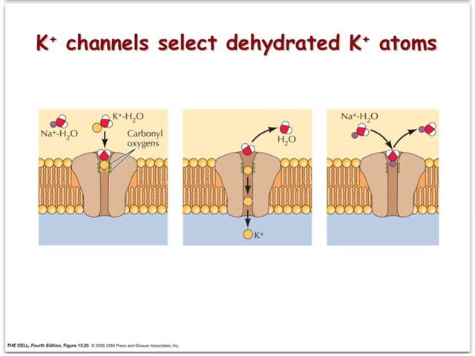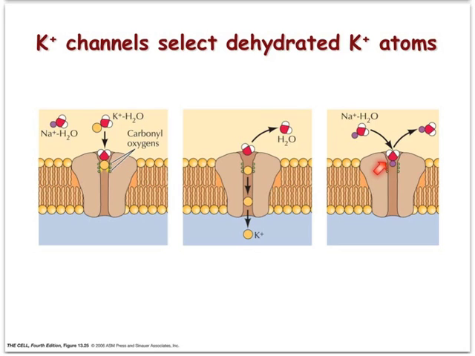Sodium ions, on the other hand, are too small, and in their hydrated state, when they try to enter the channel, there is too much space between the sodium ion and the carbonyl groups at the entry of the potassium channel.